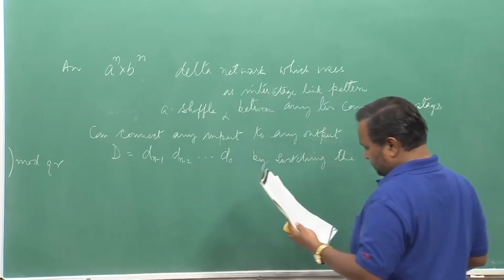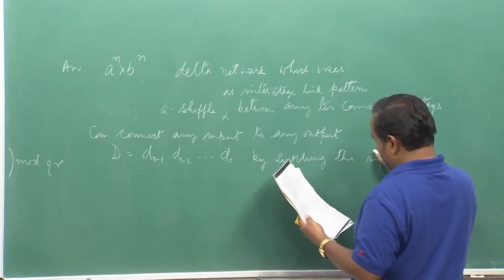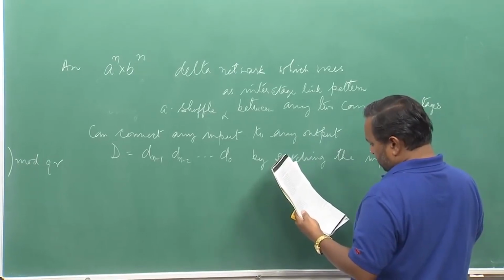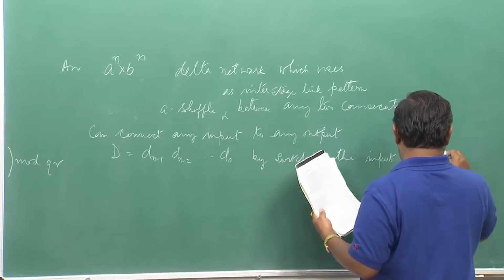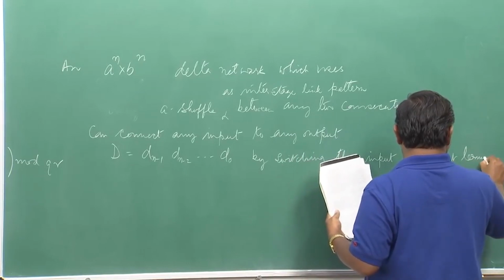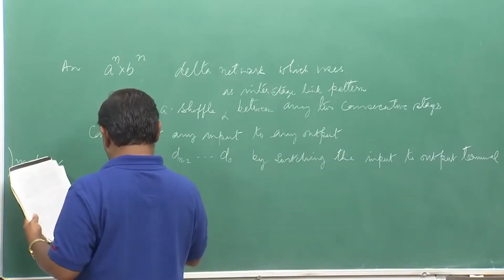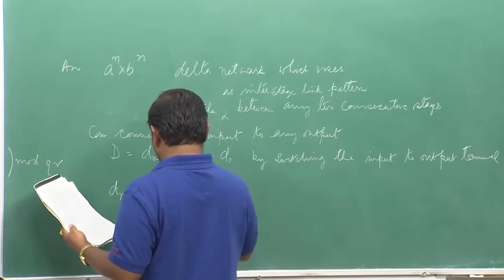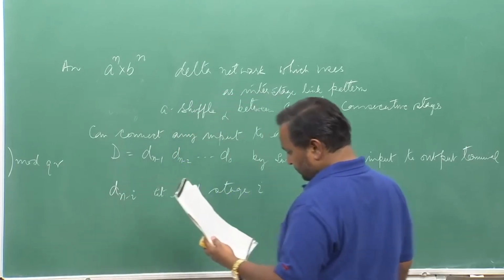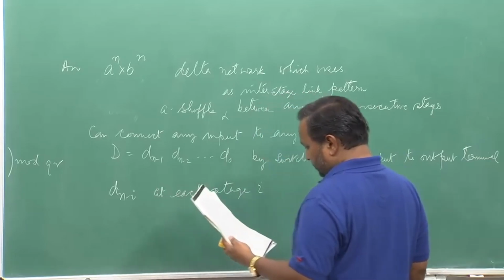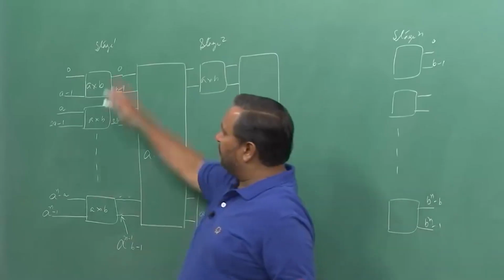by switching the input to output terminal or output port d minus I at each stage I. So, where the labels are being assumed the way it has been shown going from top to bottom.